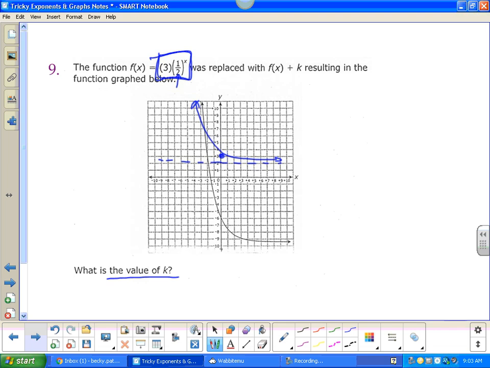So let's see how much it's been shifted. 1, 2, 3, 4, 5, 6, 7, 8, 9. It's been shifted down 9. So what would you have to do here to shift it down 9? You would have to subtract 9. So find out where he is, find out where he ended up, and then decide what you need to do to him to shift him in that direction.